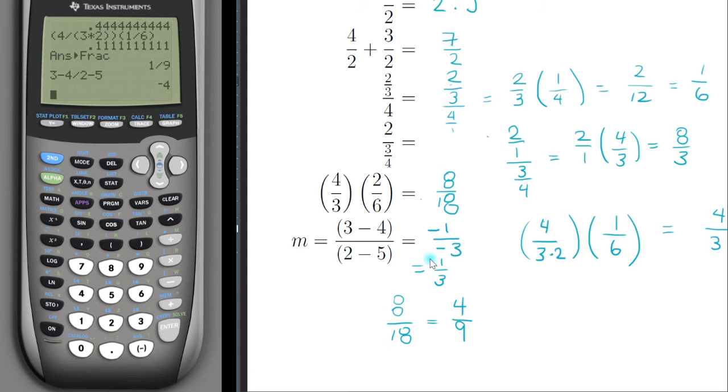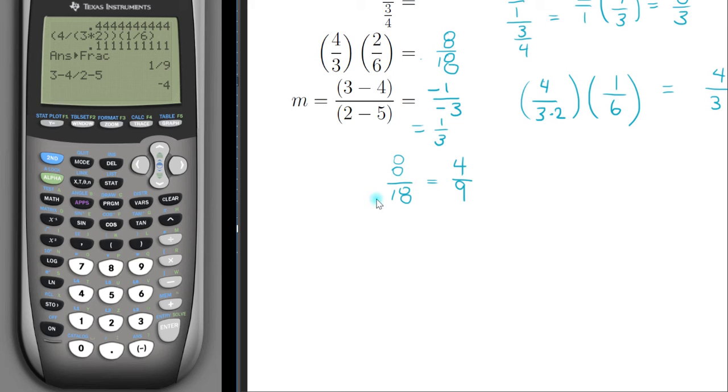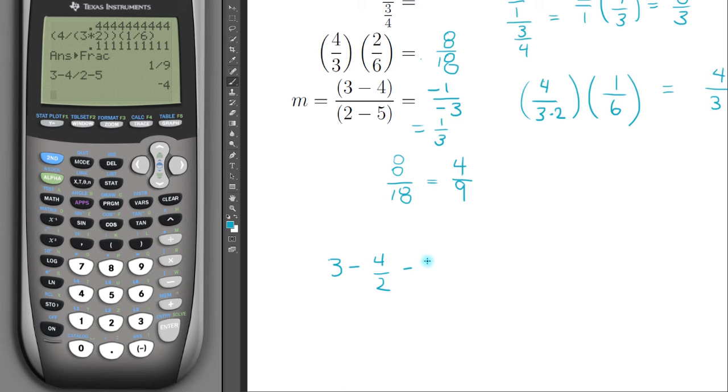Well, notice that without the parentheses, this is what the calculator is doing. It says 3 minus 4 divided by 2 minus 5. If you divide 4 by 2, you get 2. And you get 3 minus 2 is +1.